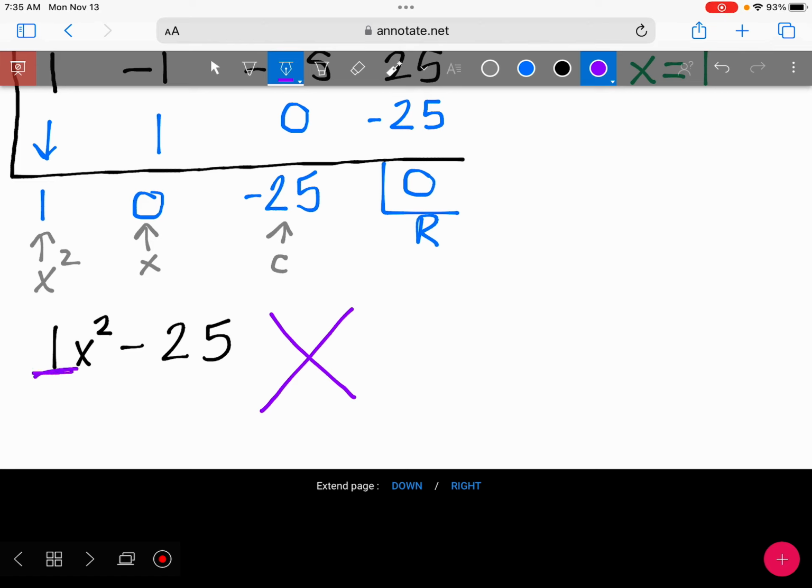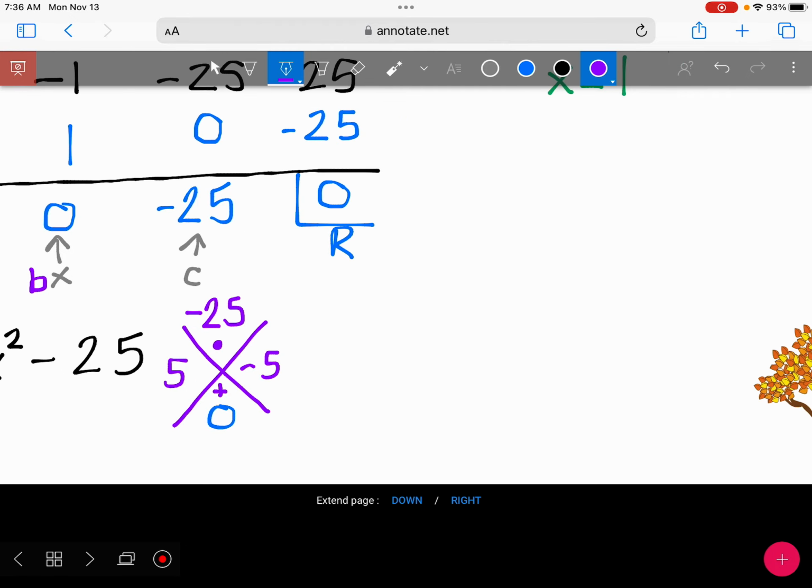My A is 1. This guy's always my A term. This is my B, and this is my C. So my A times C is actually 1 times negative 25. And my B is 0. What's a pair of numbers that multiplies to make negative 25 and adds to make 0? 5 and negative 5. So you can put this through your box.